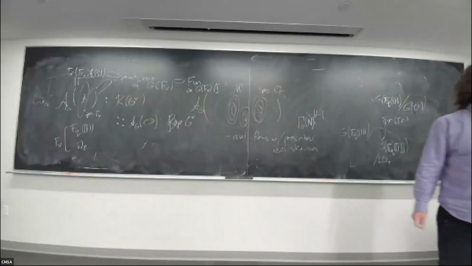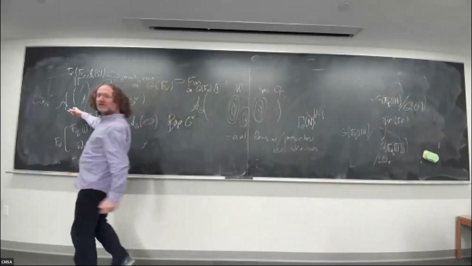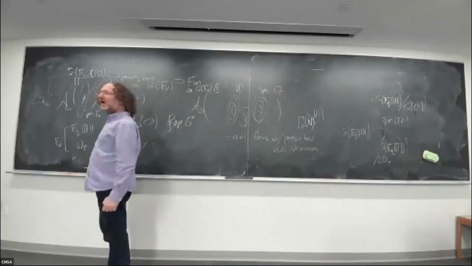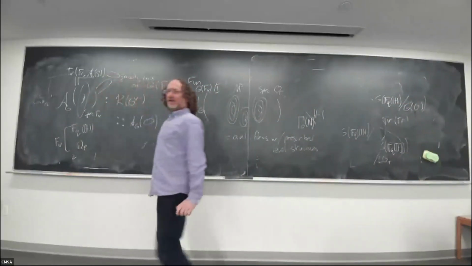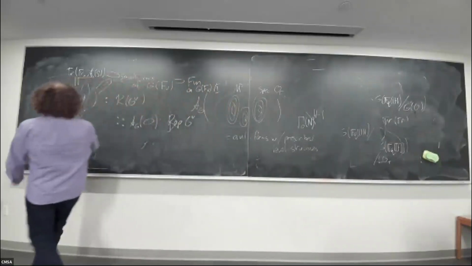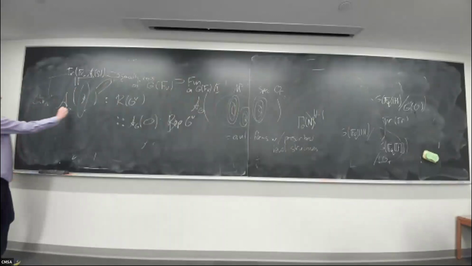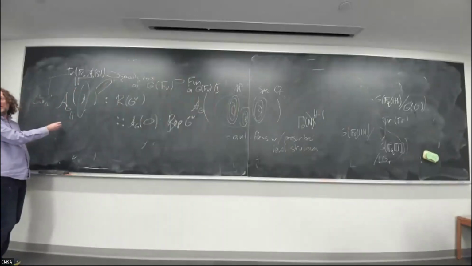Can you say what that is in the p-adic case? What this category is? Yeah, so I don't know if that's a theorem. But it's meant to be a refinement of smooth representations. Yes. So I'll tell you what this category is in the p-adic case.